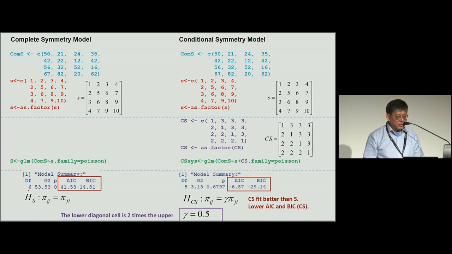So for the models here from the data on the son and father occupations, the estimated gamma is 0.5. And the fit here shows that the AIC actually is lower for the CS compared to the S. So to say that the fit here is better for the CS than the S.